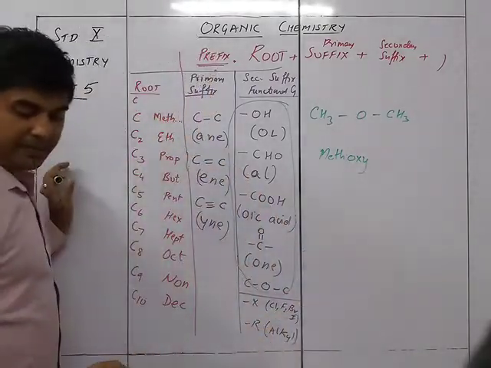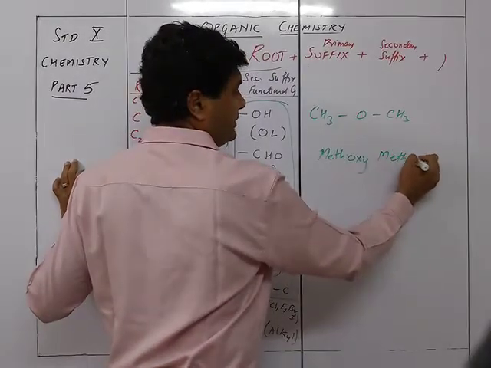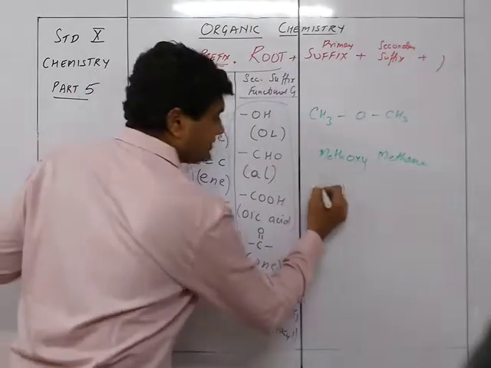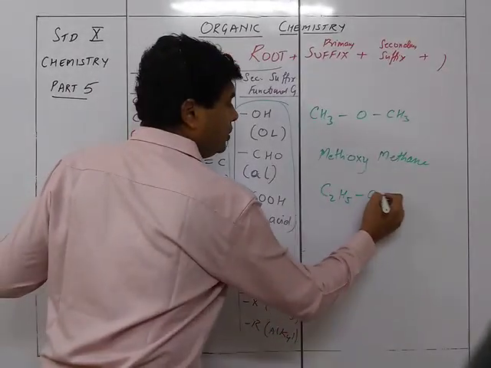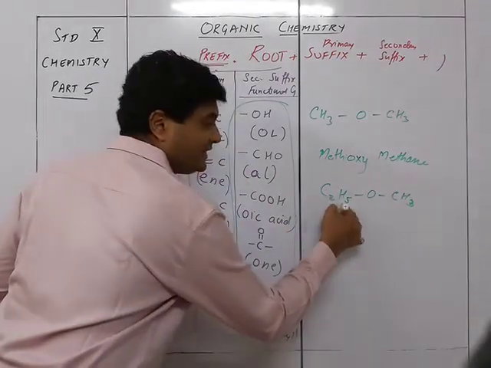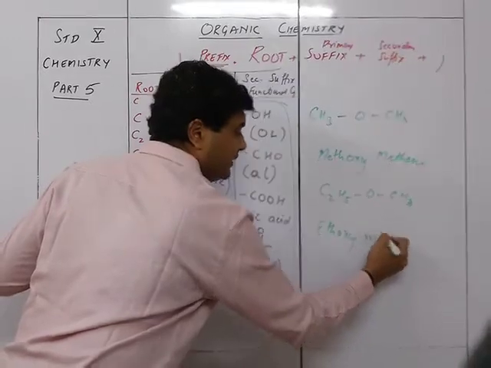Okay, it will be methoxy, and then the other side is also methane, so it will be methoxy methane. Okay, suppose it is now this way, that it is C2H5OCH3. In that case this is ethyl, so it is ethoxy, and here there is methane, so ethoxy methane.